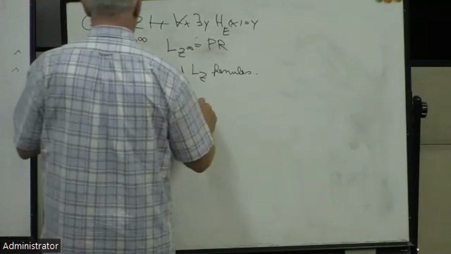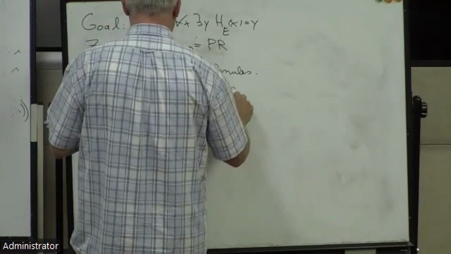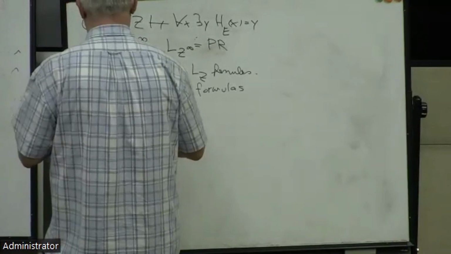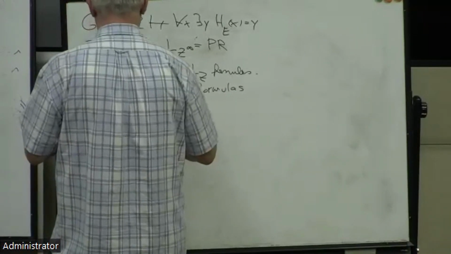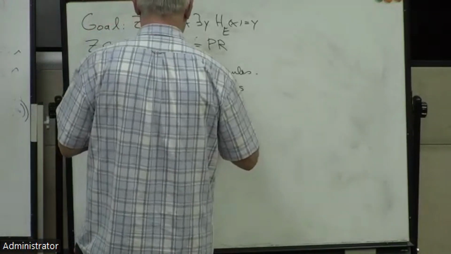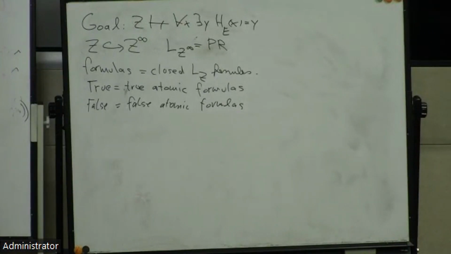And false is consisting of the false atomic formulas. So I was a bit too general. I'm speaking about atomic formulas that have a truth value and they can be evaluated. And this is just a notation.